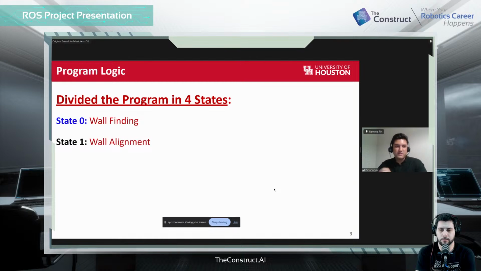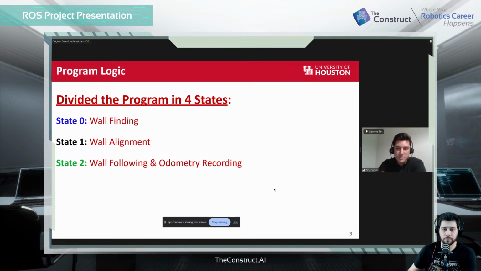State 1 is wall alignment. State 2 is wall following and odometry recording. After aligning with the wall, it maintains a constant distance from it and starts following the right wall while recording the odometry, which is the distance measurement. And state 3 is stop. When the robot completes one complete lap, it stops.